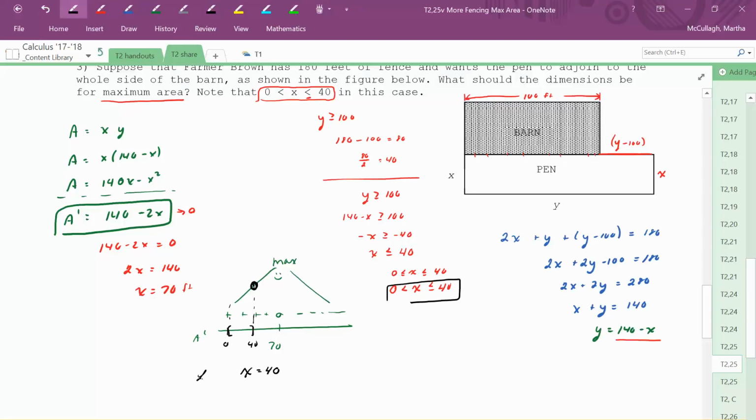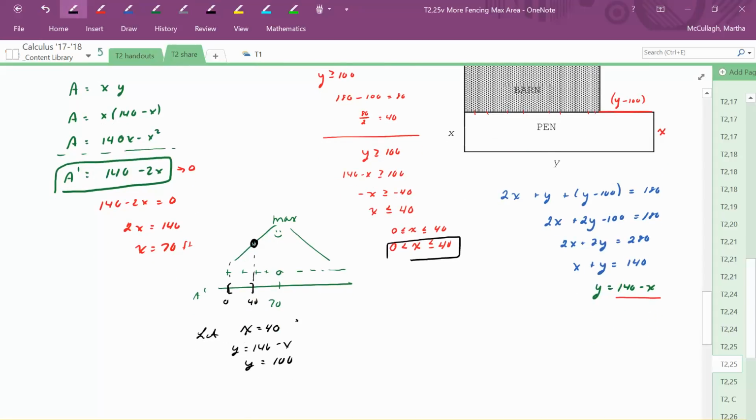So we're going to let x equal 40, which means that if y is 140 minus x, y must be 100. So x is 40 feet, y is 100 feet, and our area is equal to 40 times 100, which is 4,000 square feet.